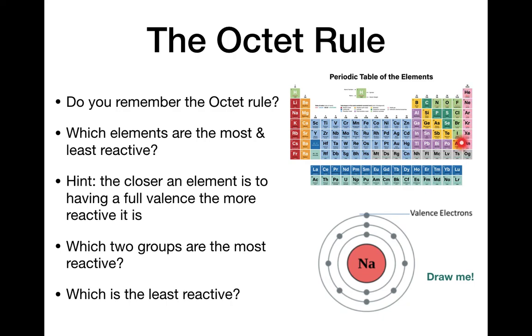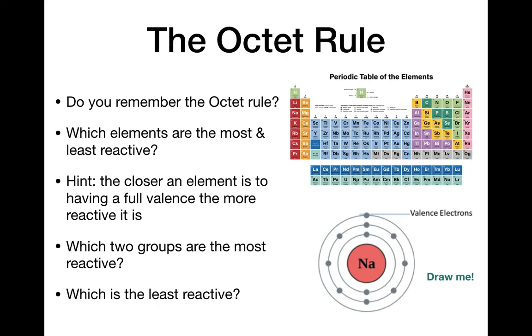So this group here, the halogens, are 1 electron short of having a full octet. So they're very reactive. And the other extreme, over here, the alkali metals, they have 1 electron only in their valence. They can get rid of that really easily, and so they're really close to being a full octet as well. And if you remember, the periodic table is meant to be thought of in 3 dimensions as kind of a circle. So this column should be next to this column.